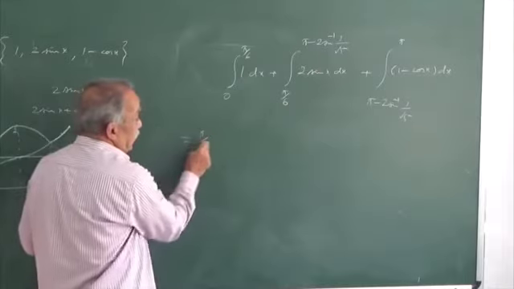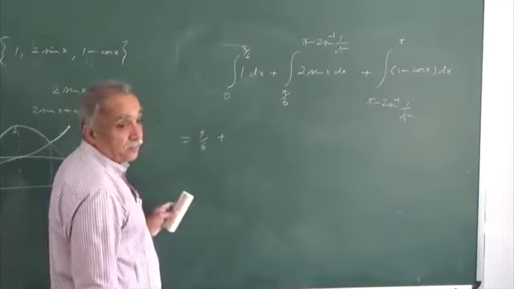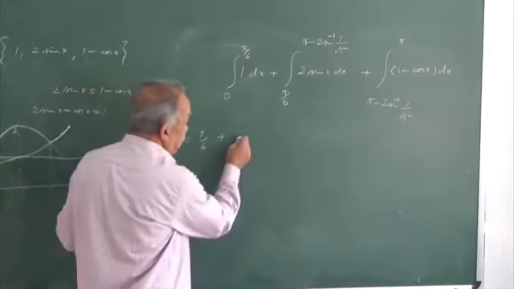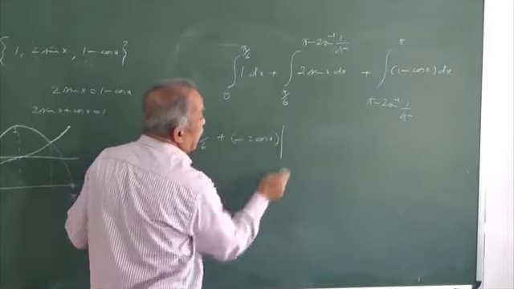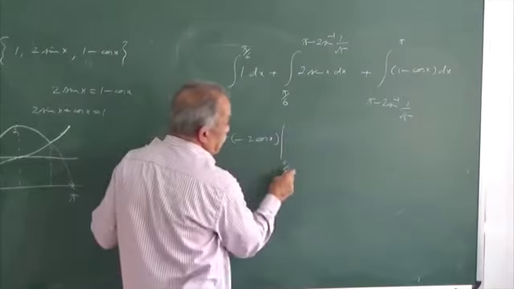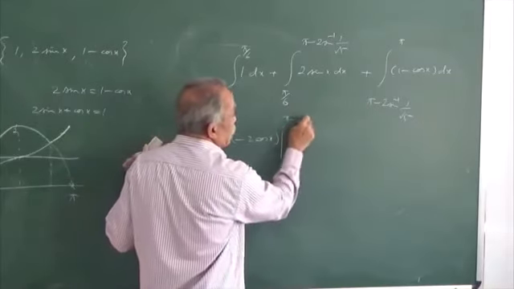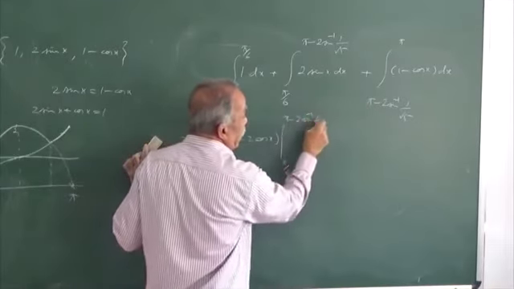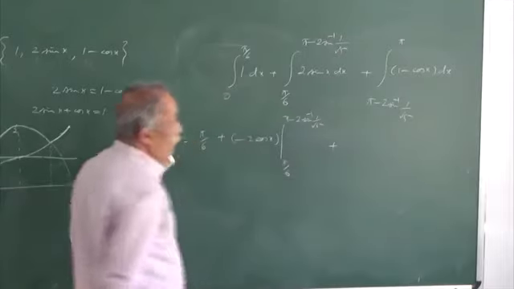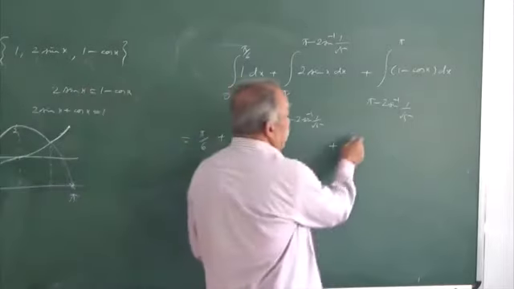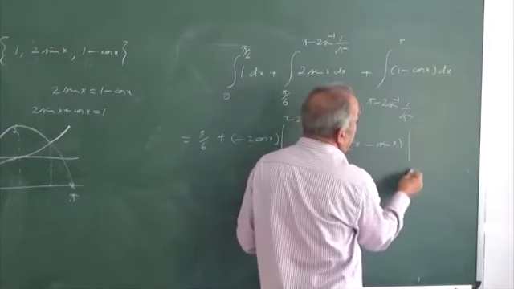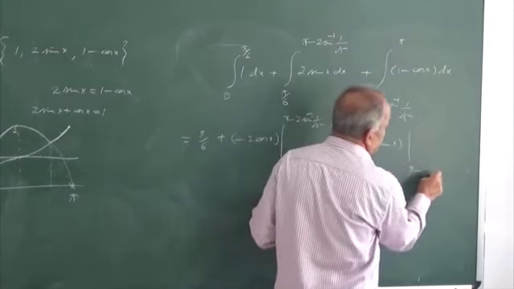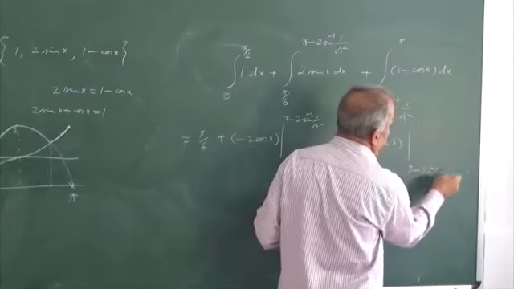Integration: first integral value pi by 6. Second integral, minus 2 cos x to be evaluated between pi by 6 and pi minus 2 sin inverse 1 by root 5. Last one, x minus sin x to be evaluated between pi minus 2 sin inverse 1 by root 5 and pi.